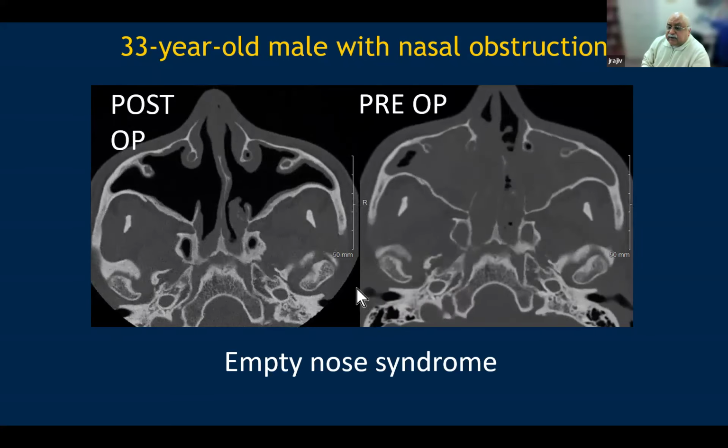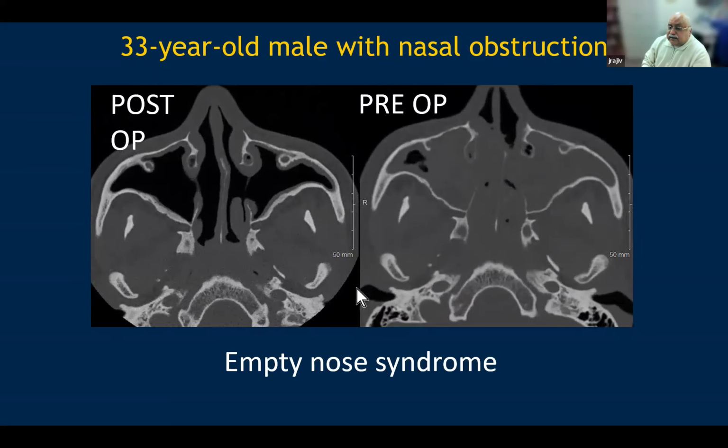That is the reason why patients experience paradoxical nasal obstruction despite an otherwise clear nasal cavity and paranasal sinuses. So just remember this particular syndrome as well in case you are asked to image these patients who come with persistent symptoms following extensive but very good results on functional endoscopic surgeries.